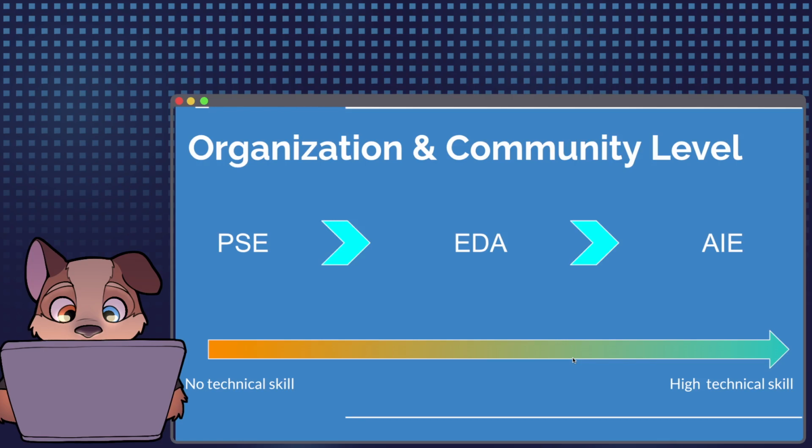And you're not going to move everybody. That's not the point. The point is that you move some percentage of people from the lower technical skill to the higher technical skill. And whatever percentage you increase, that's going to be better for your organization. That's going to be better for your community. And again, there's nothing that you have to buy in order to try to accomplish this.